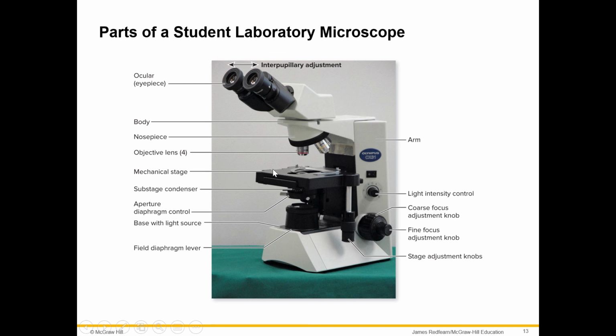You have a stage, also known as the mechanical stage, a stage condenser, an aperture or diaphragm control, a base with a light source, and sometimes there's a field diaphragm lever that allows you to adjust the light source, the light intensity control, the coarse adjustment, the fine focus, and then stage adjustment knobs, and you also have the arm.